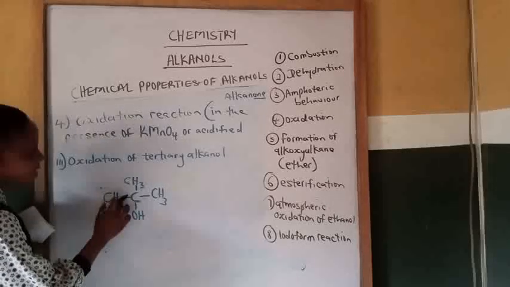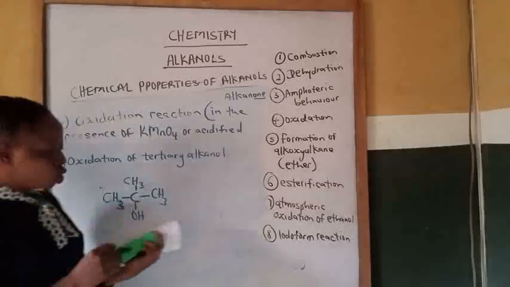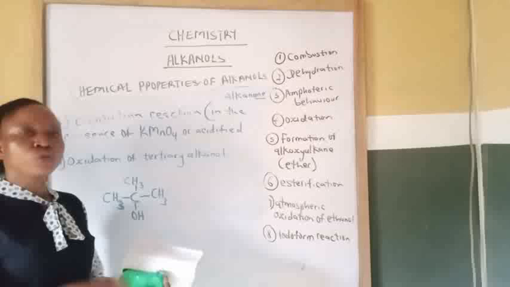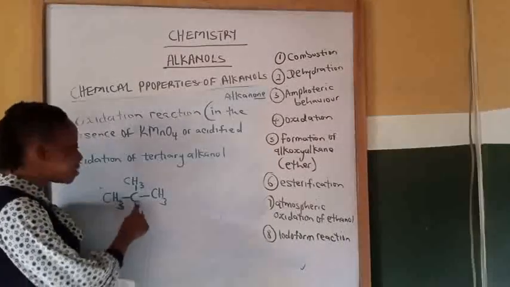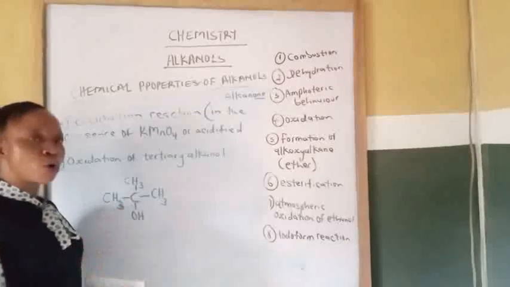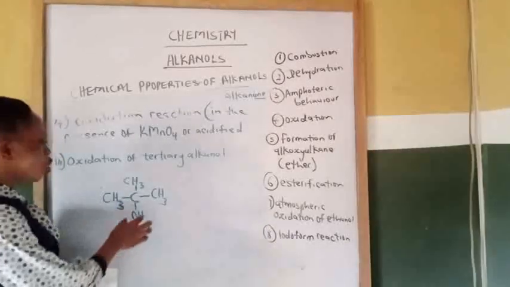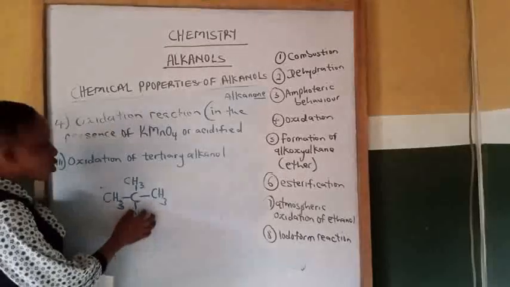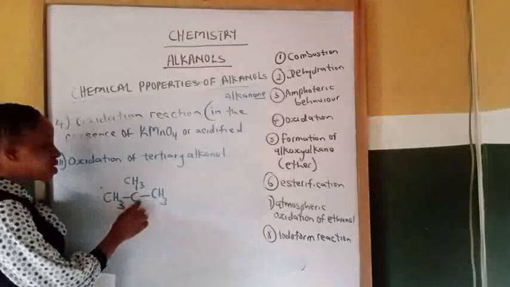Now, don't forget the rule from up. You add oxygen to the carbon atom that is holding your functional group. At the same time, you eliminate a water molecule from the carbon atom holding your functional group. So that is the first stage.